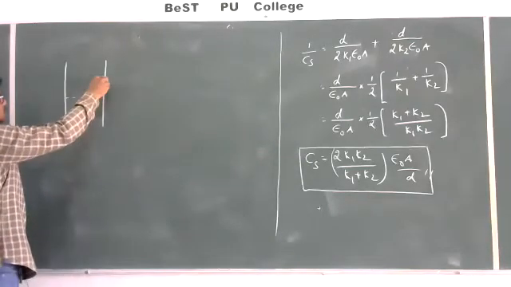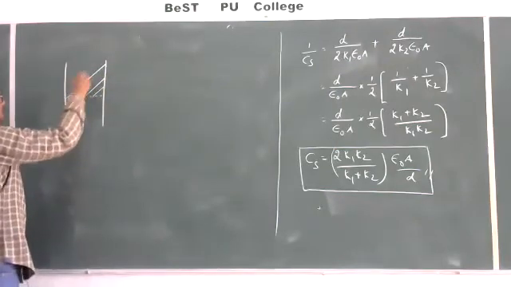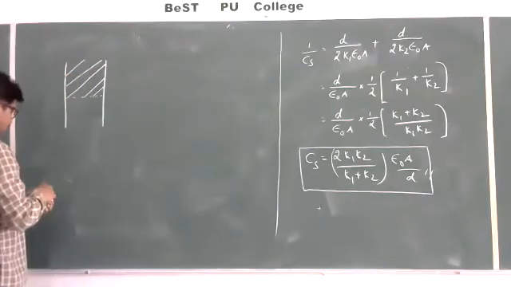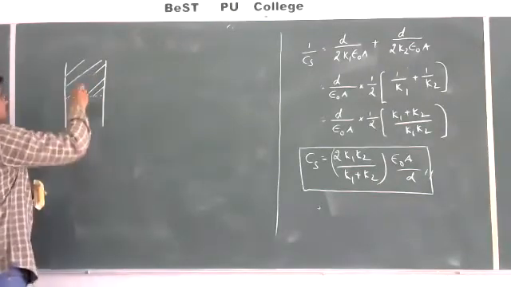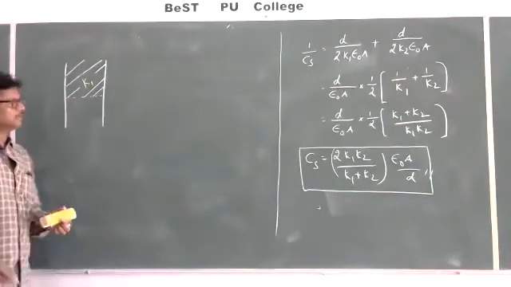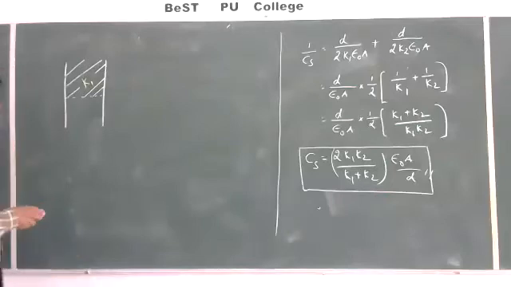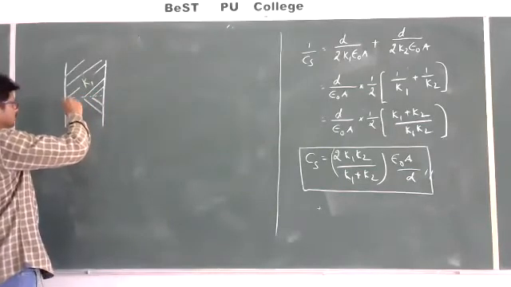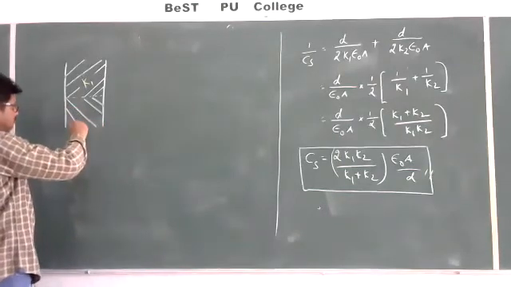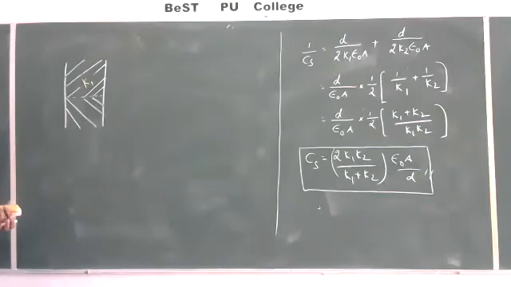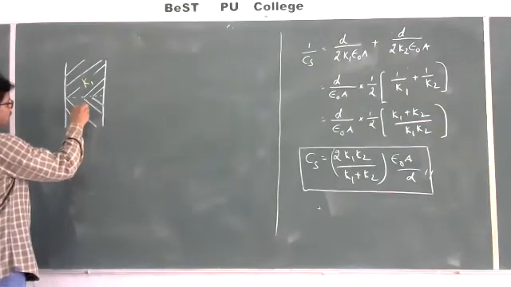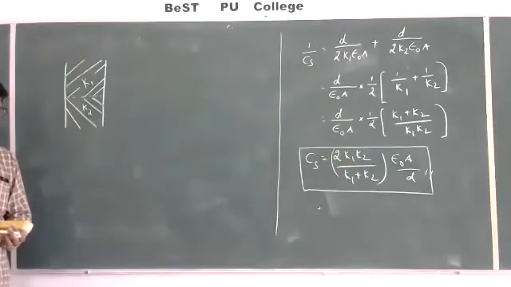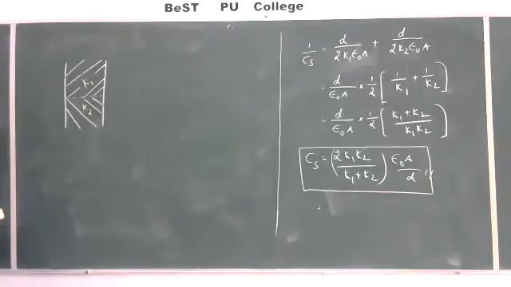Half of the area is filled with a dielectric medium of dielectric constant K1, and the remaining half is filled with a dielectric medium of dielectric constant K2.